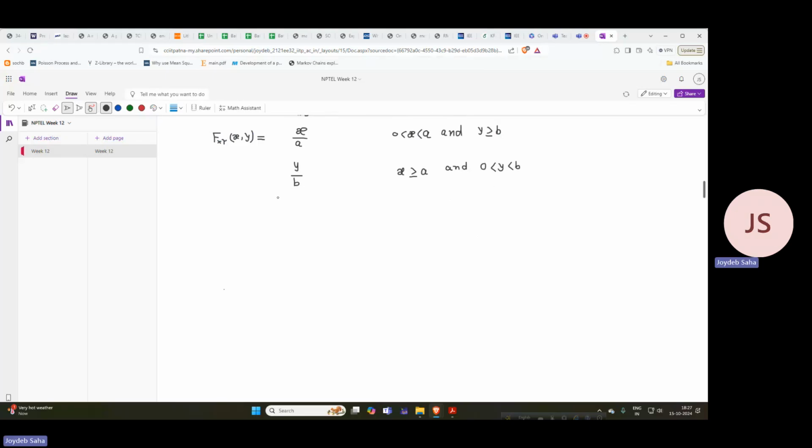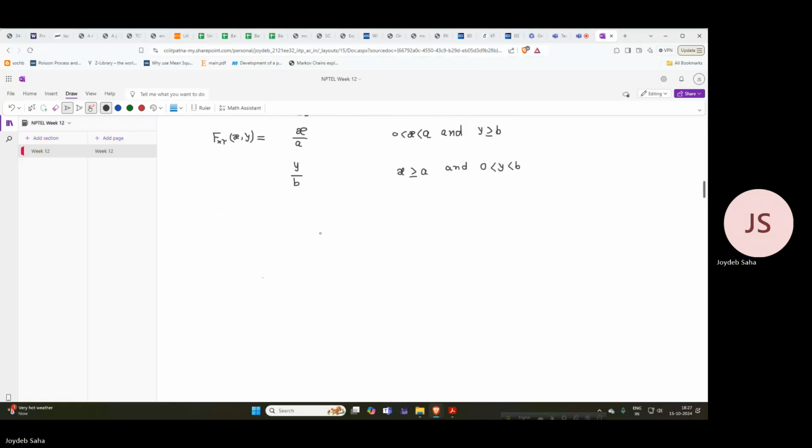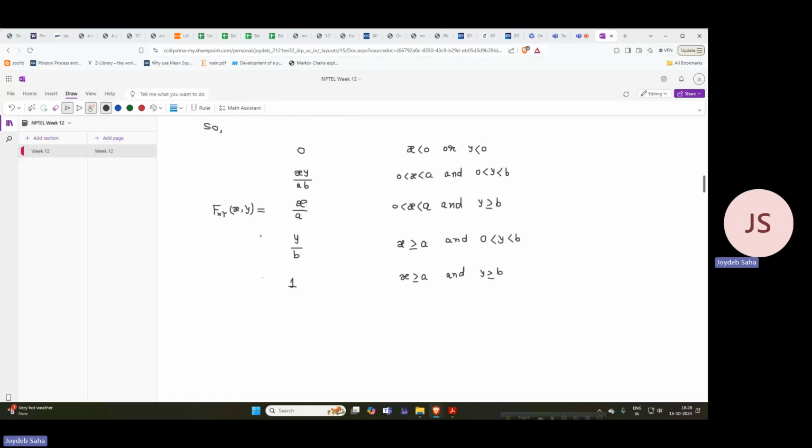Okay. And finally, if x greater than a and y greater than b, then its value is 1. Rather, we can say x greater than or equal to a and y greater than or equal to b. Even if it is equal to, it will follow this. Okay. So this is our distribution function.